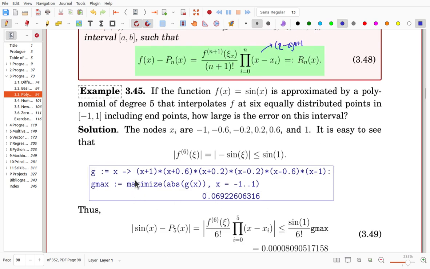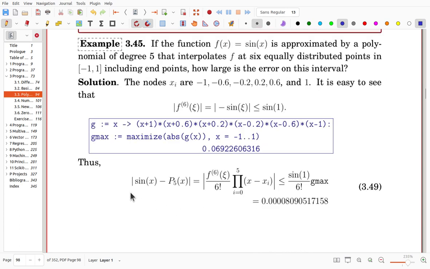Now, we organize this term, x minus minus 1, x minus minus 0.6, and so on, the whole product. Now, by using Maple code, we try to measure the absolute maximum of this one.